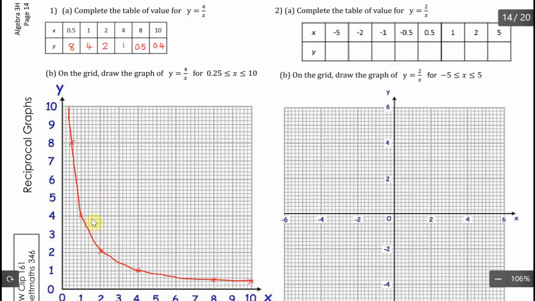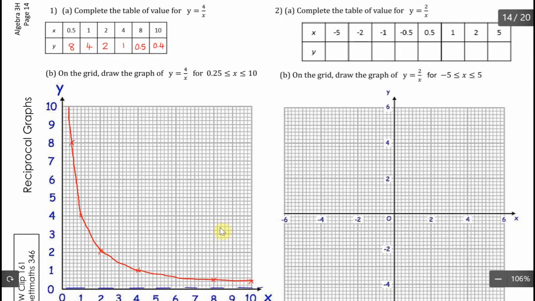So hard as it may be to believe, this line is going to get closer and closer to the x-axis, but never actually touch it. If we could keep zooming in and zooming in, we'd see that it just wouldn't touch it. And that's called an asymptote. Okay, and sometimes we indicate asymptotes by drawing a dotted line as close as we can to where that would appear. So it's very hard to actually draw it on the axis without being able to see it.